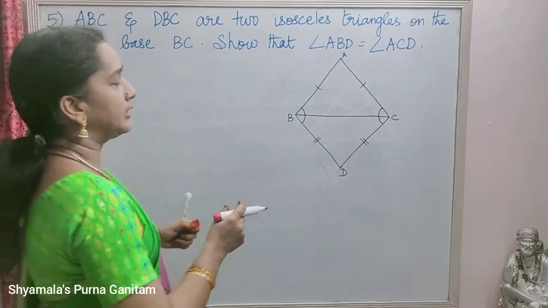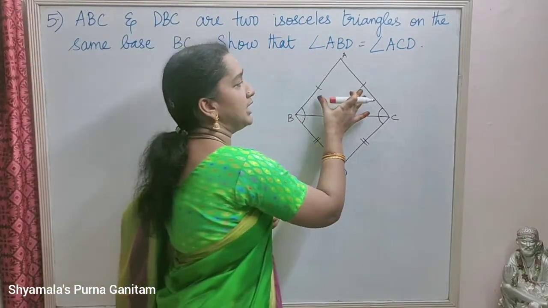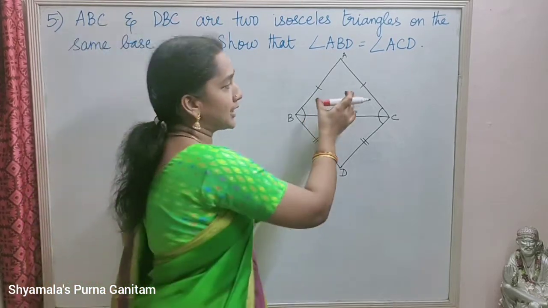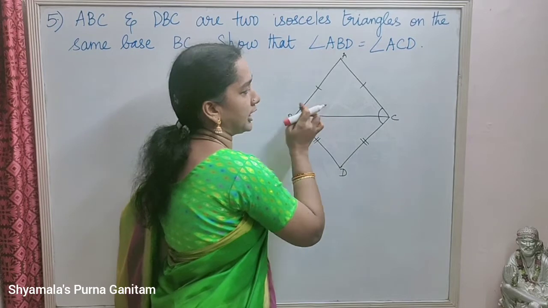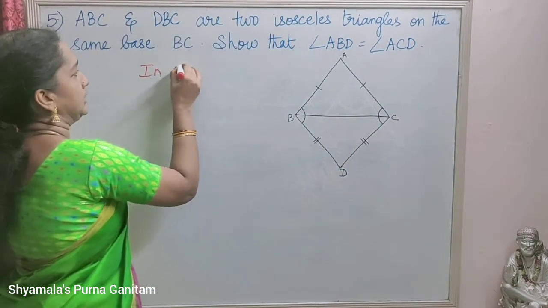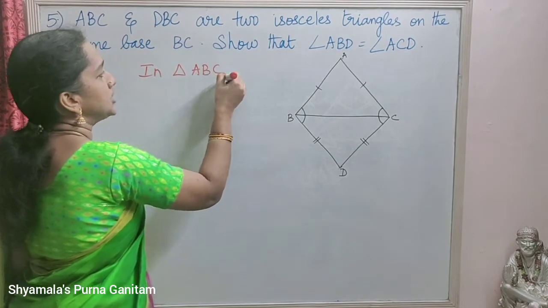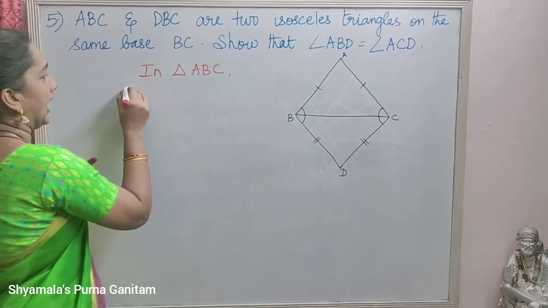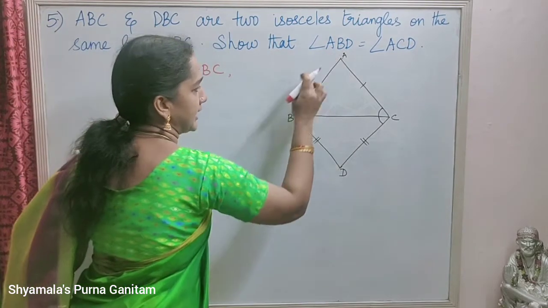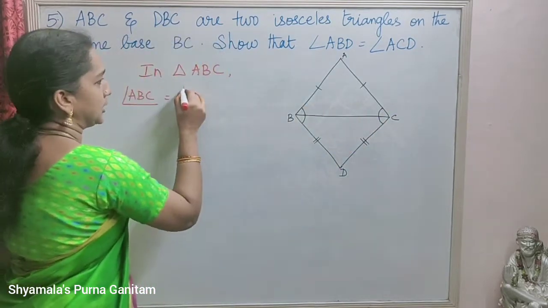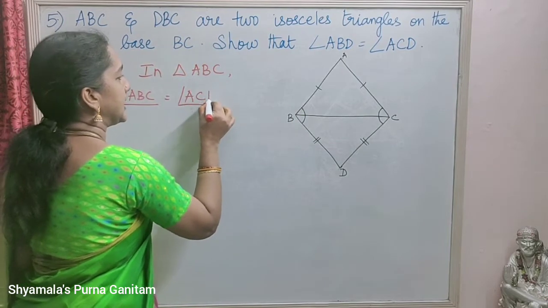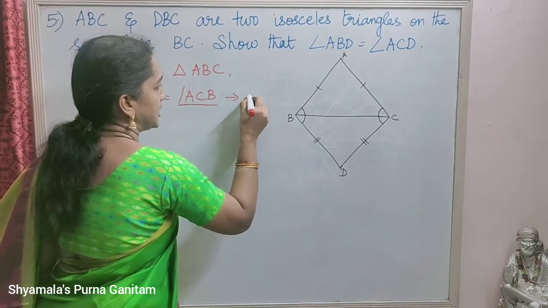We know that in an isosceles triangle, we have two equal sides, and the angles opposite to the equal sides will be equal. So in triangle ABC, angle ABC is equal to angle ACB.